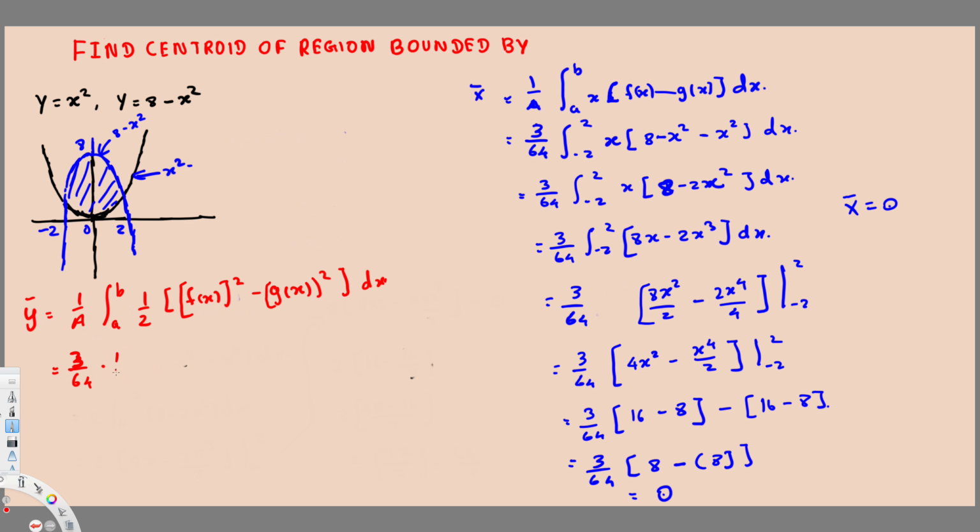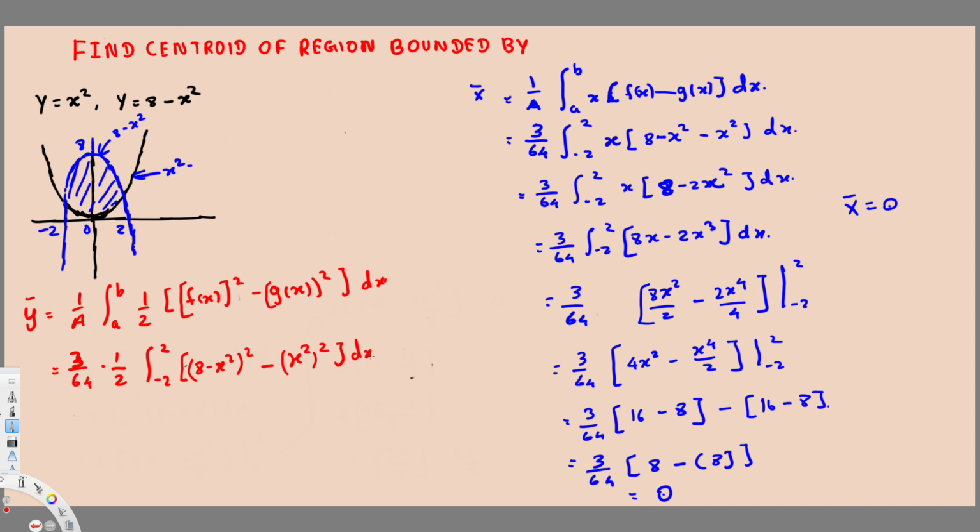So this is going to be 1 over 2, integration negative 2 to 2, and f of x square is going to be the top function squared, 8 minus x square, minus the bottom function squared, that is x square.